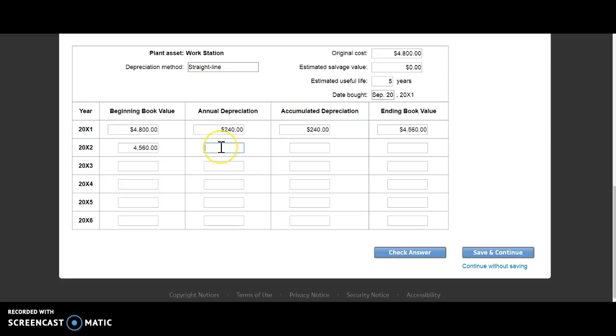Now for year 2, we're going to own that asset for the full year. So now that depreciation is going to be the full $960. Okay, we're going to add $240 plus $960 to get our new accumulated. Find out our new ending book value. That becomes our year 3 beginning book value. Annual depreciation again is $960. Figure out our new accumulated.